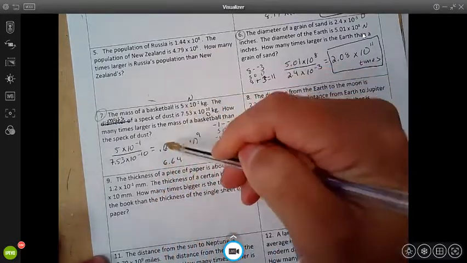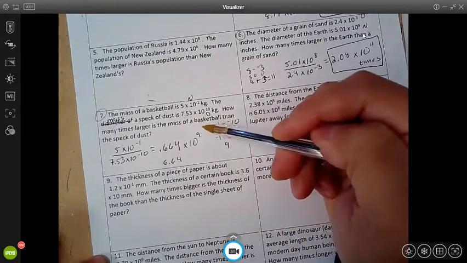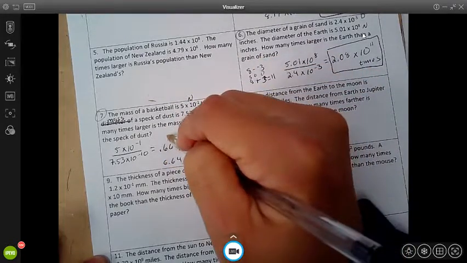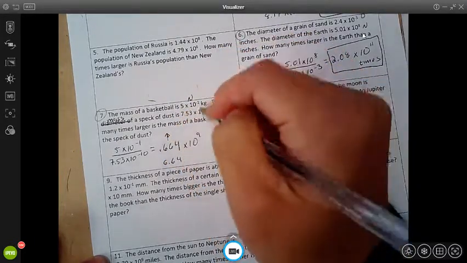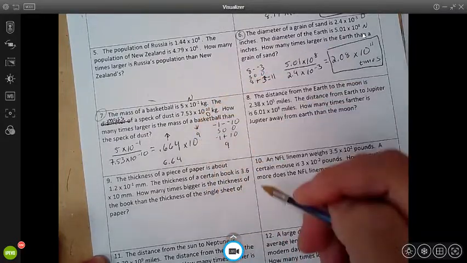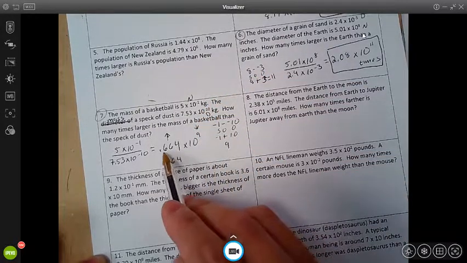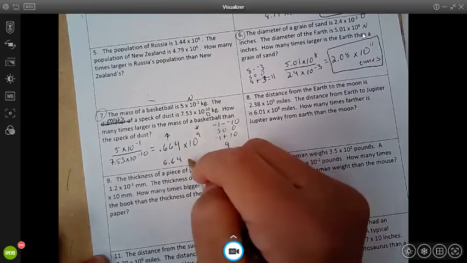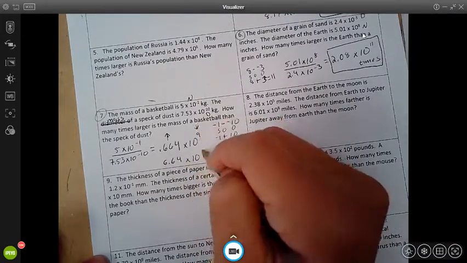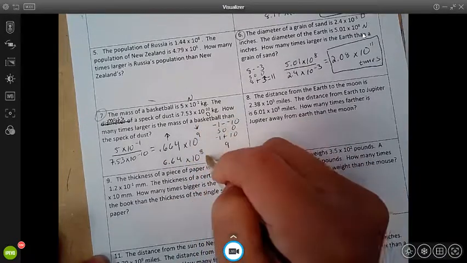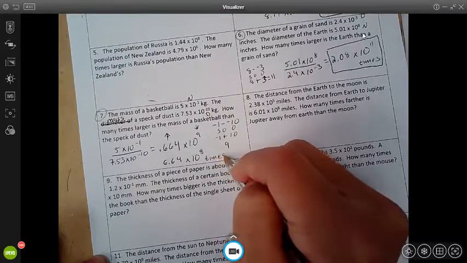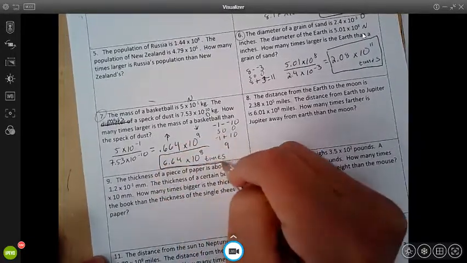I went from 0.6 to 6, so the coefficient became bigger, so my exponent has to become smaller. It became bigger by 1 place value, so my exponent is going to become smaller by 1. So 6.64 times 10 to the 8th.